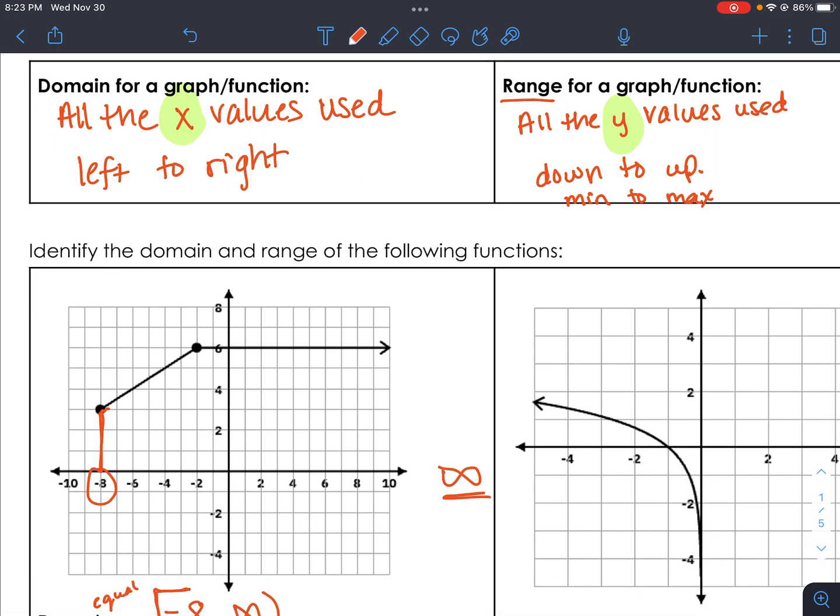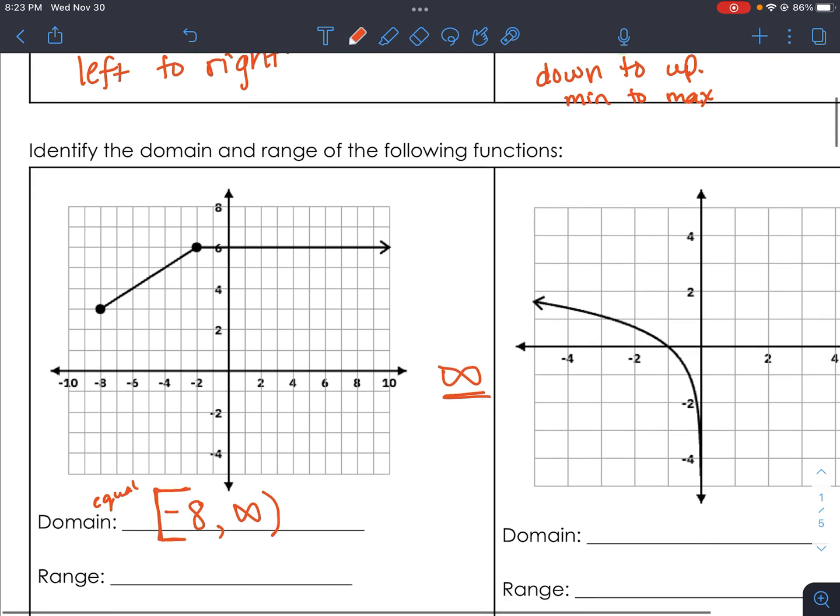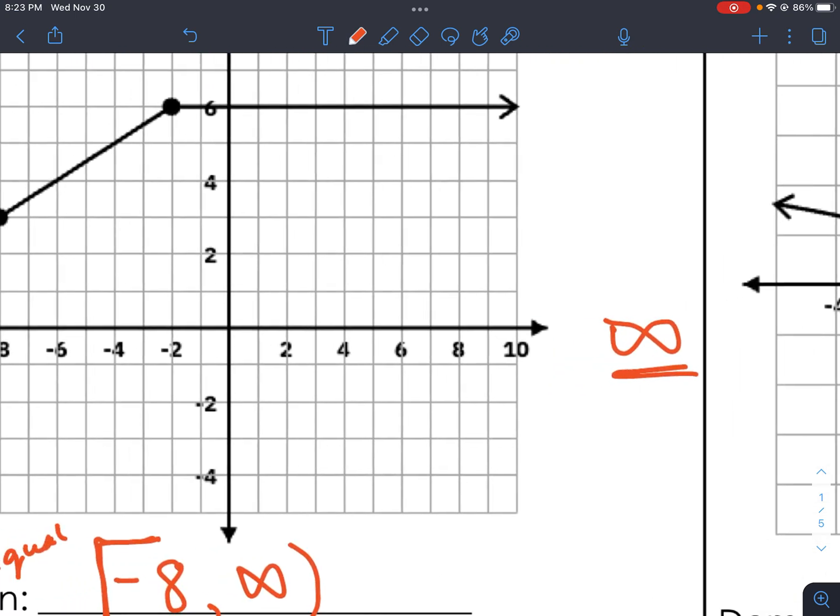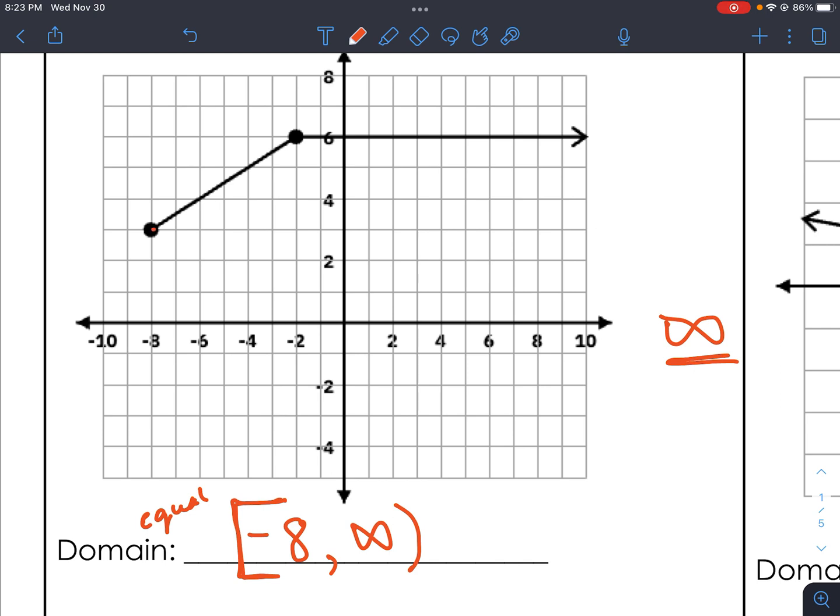All right, let me get rid of this. When I'm looking at the graph for the range here, the furthest it goes down is right here at 3, and the highest it goes up is at 6.